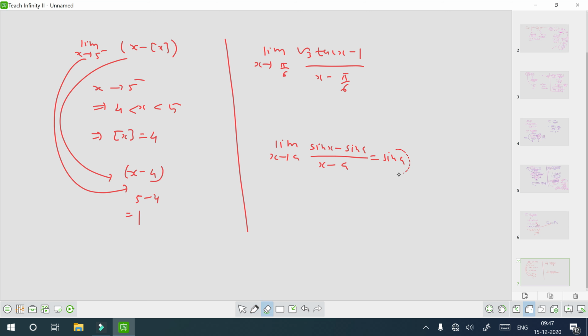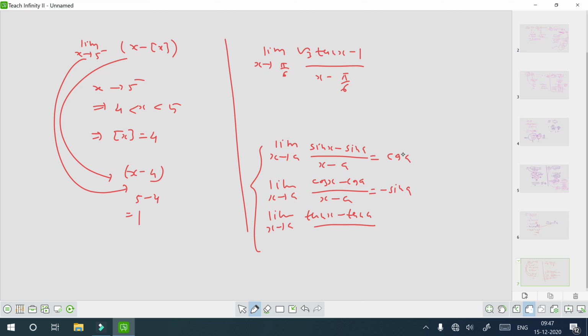Sorry, cos a. Its answer is cos a. Limit x tends to a, cos x minus cos a over x minus a, answer is minus sin a. This type of sum we have already seen. Limit x tends to a, tan x minus tan a over x minus a is equal to sec square a.